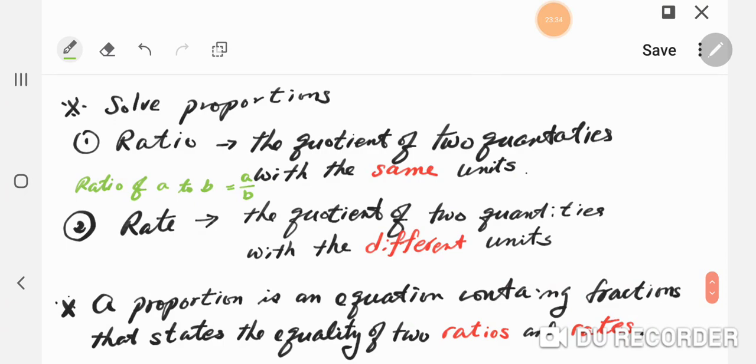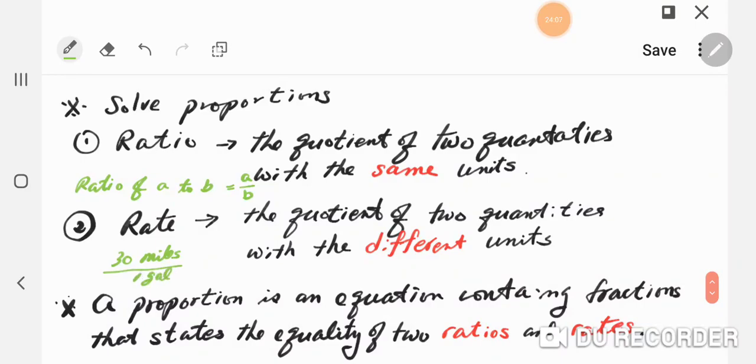And sometimes we can use a rate. The rate has different units. So for example, using 1 gallon of gas, you can drive like 30 miles. So the gas mileage is 30 miles per gallon. So per gallon goes in the denominator, per 1 gallon.